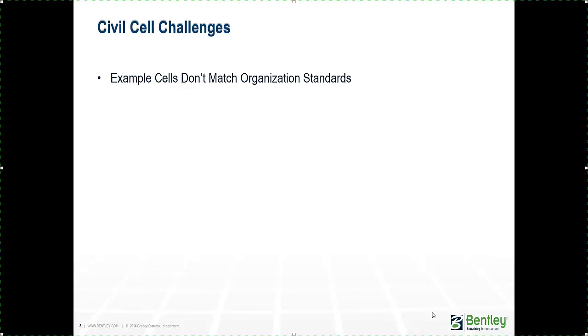So the user has to go out and change those standards to match if they want to use those cells. A lot of times, once modifying these cells, that cell becomes invalid because there is a specific process that needs to be adhered to when making those changes.